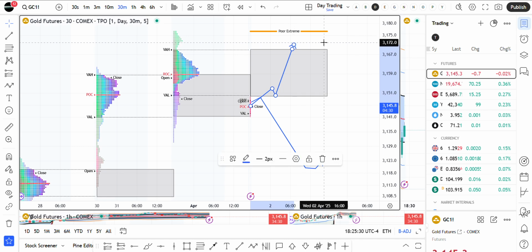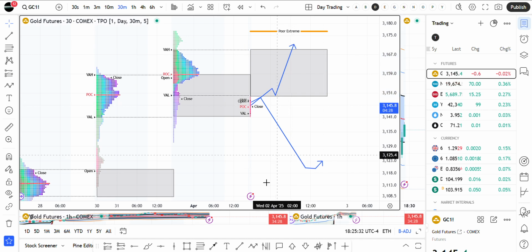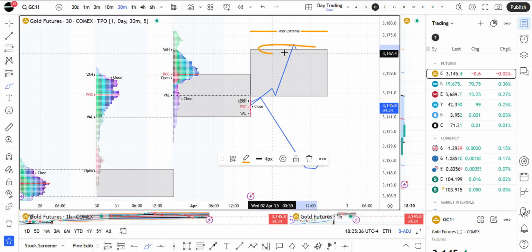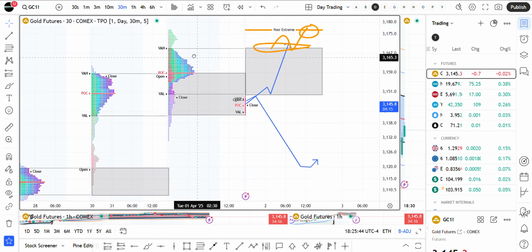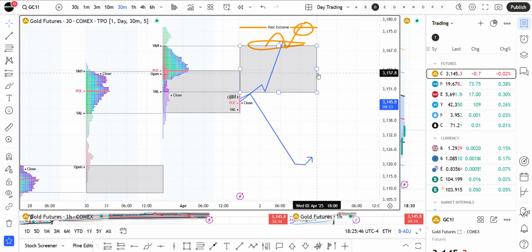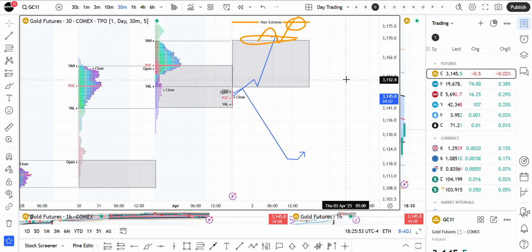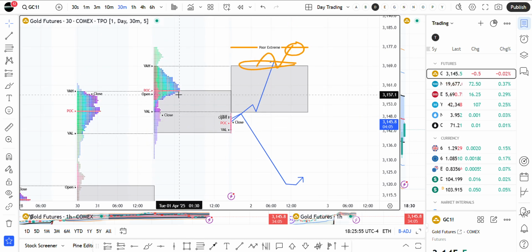The other way, okay. And then when it gets here, that is critical moment to see if we can push through and get to these poor extremes. Okay. I think that's all.